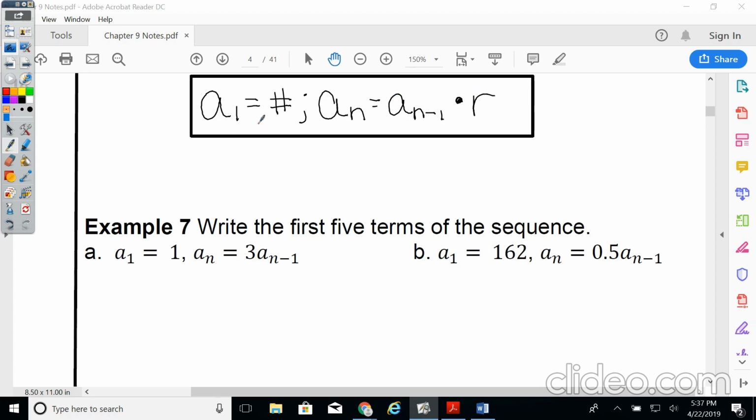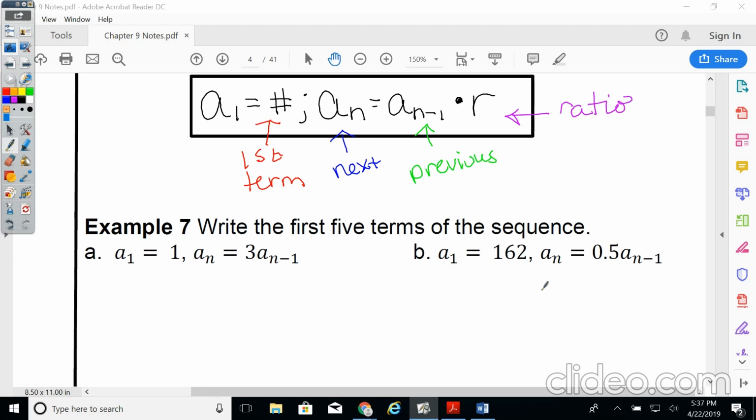Labeling stuff, the first one is the first term, whichever one your first term is in the sequence. To get the one that you want, you take the previous one. So a sub n minus 1 is the previous term, and r here is the common ratio.